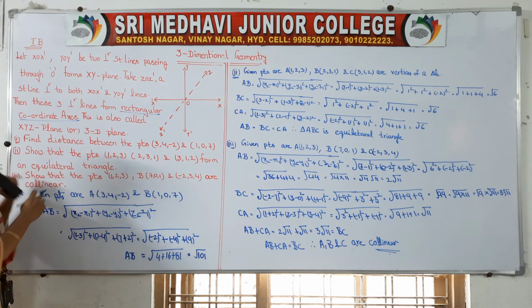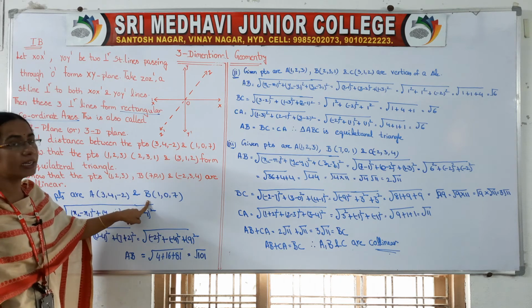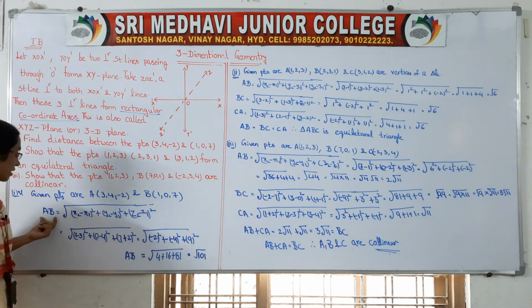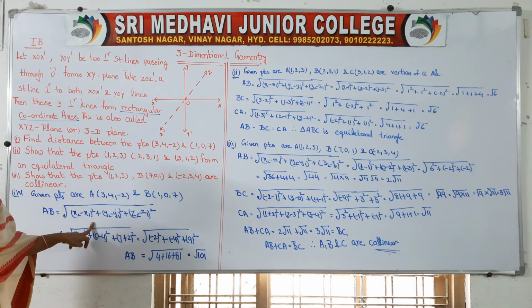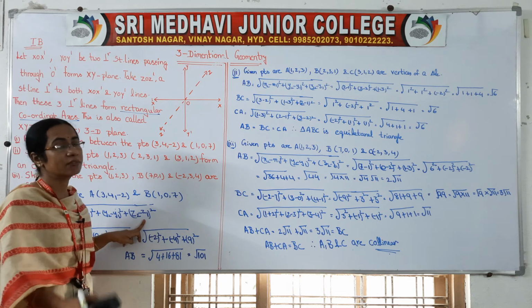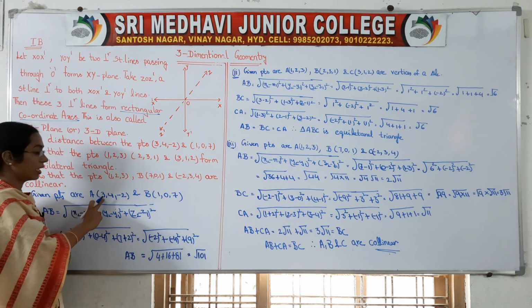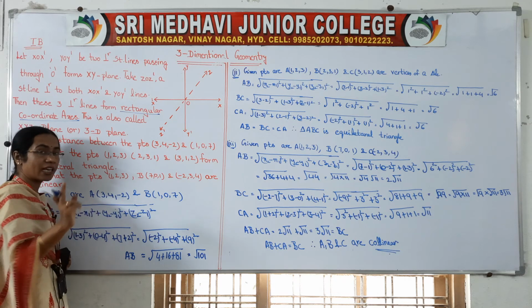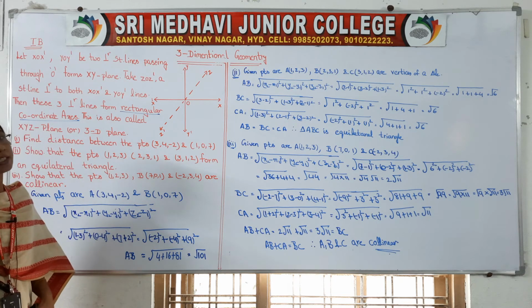Okay, so if you take the first question, we solved 3 questions, right? Find the distance between 2 points. 2 points are given to you, A and B. So the distance AB is the root of (x2 minus x1) whole square plus (y2 minus y1) whole square plus (z2 minus z1) whole square. Just consider your A point as x1, y1, z1. I said to you, the z coordinate will be there, since the points are in 3D now.